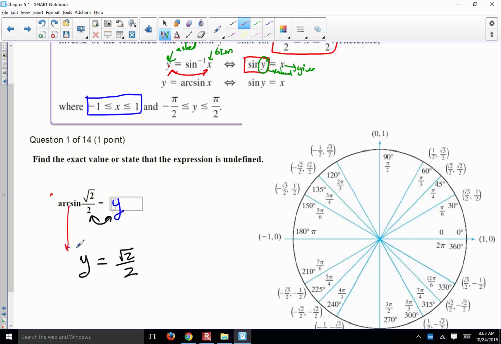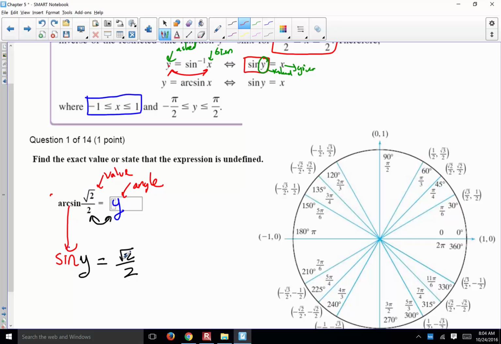But arcsine, when you change domain and range, you interchange them, arcsine turns into regular sine. So this equation and bottom equation are the same. What angle under sine makes root 2 over 2, and saying what is arcsine root 2 over 2 is the same. This is an angle you need to find. This is the value.